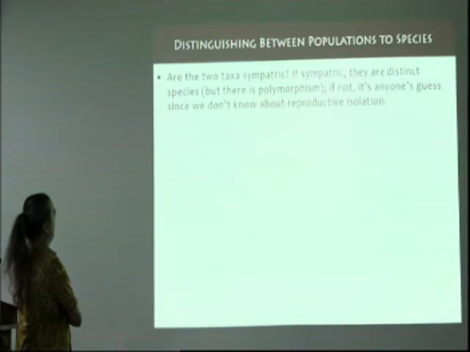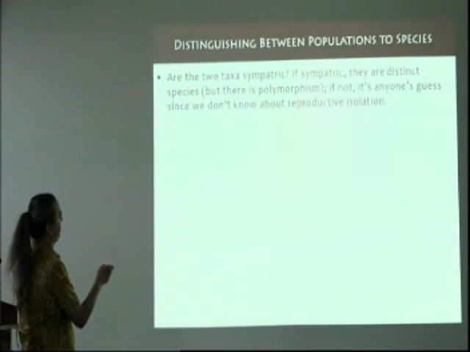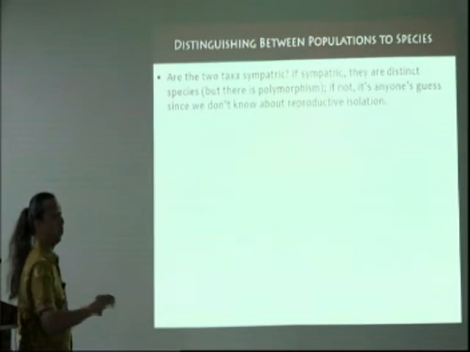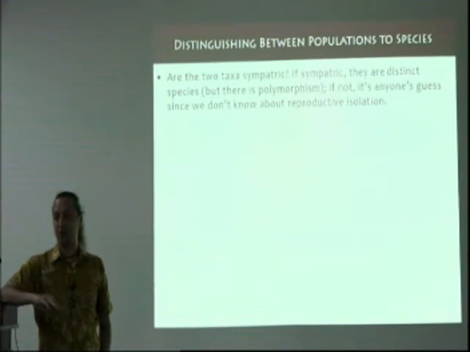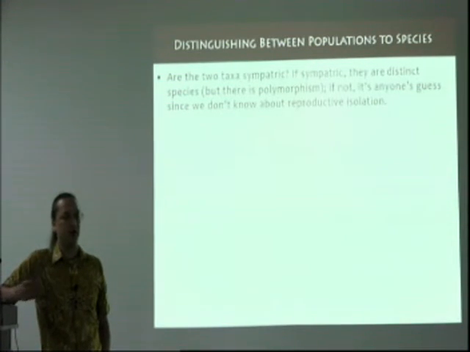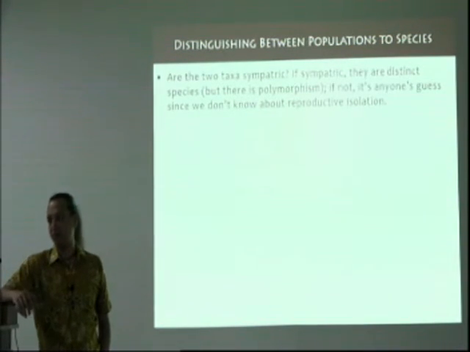Okay, so what people have typically looked at is, are species sympatric or are taxa sympatric? If they are, and they still show some reproductive isolation, they may still hybridize, but let's say hybrids are less fit than pure breeds, in which case they would say these are two different species. If they are completely incompatible, you would call them very well defined species, very well differentiated species.